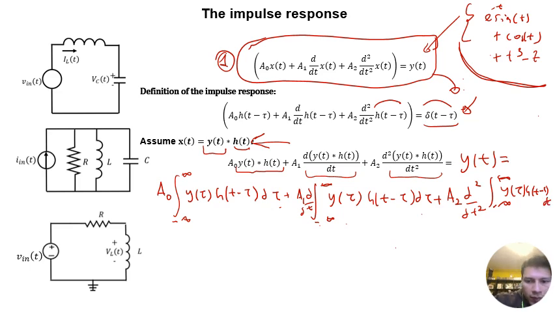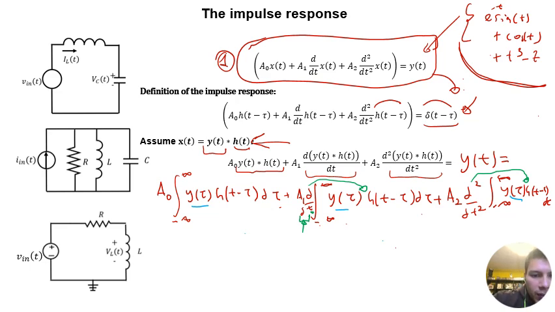Now, notice something in particular, which is that these derivatives are all with respect to t, so I can move the derivative here, and I can move the second order derivative here. And in these three integrals, the y sub tau is common, and so I can actually combine the three integrals.